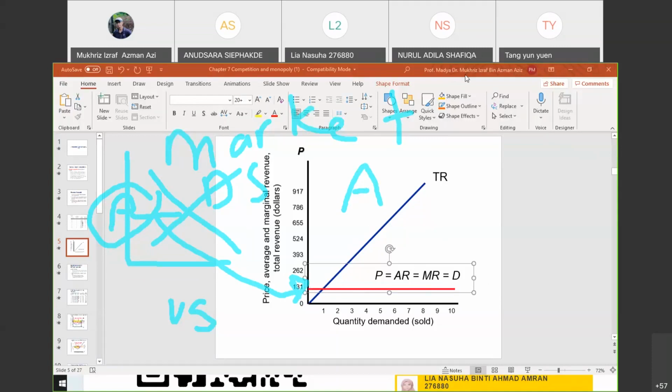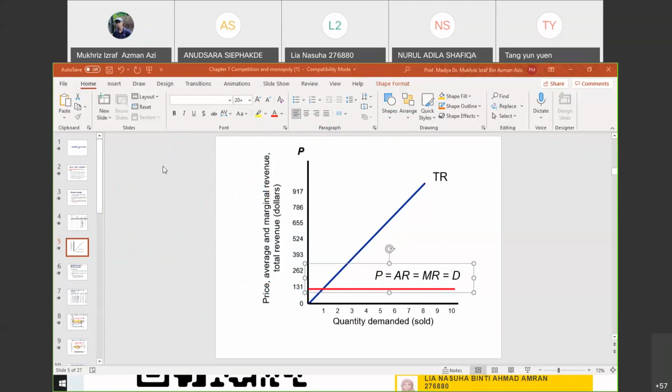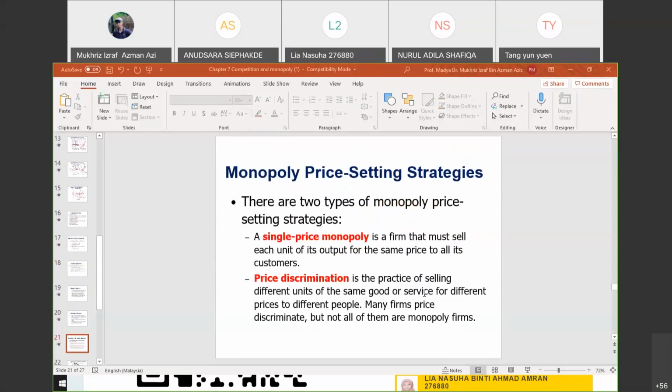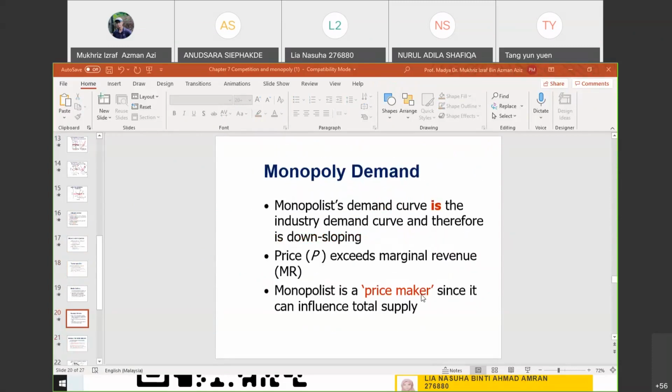So the demand curve for the market will still be downward sloping, but from the individual company's point of view, the demand curve will be a horizontal line, or perfectly elastic. But for monopoly, because they are the only seller, the demand curve for monopoly will be the demand curve of the market, meaning it will be downward sloping.